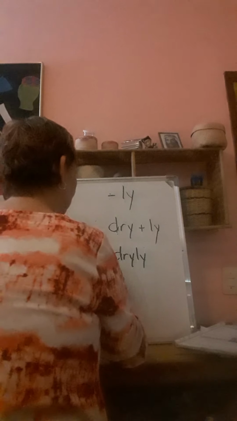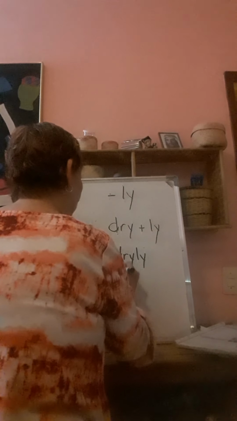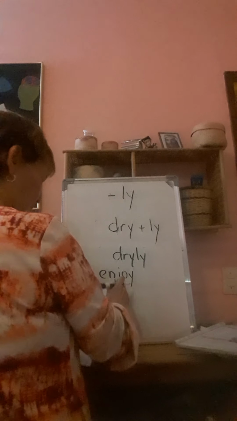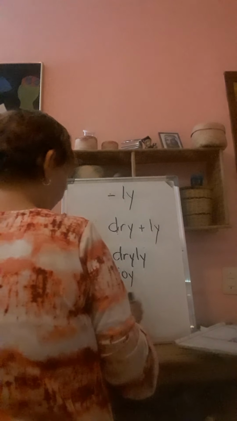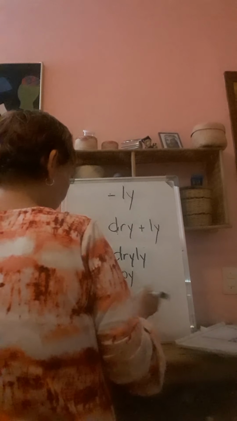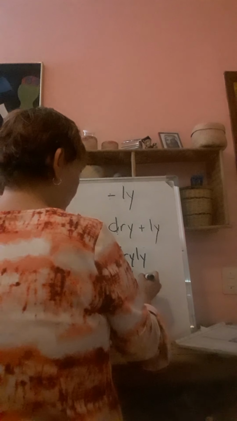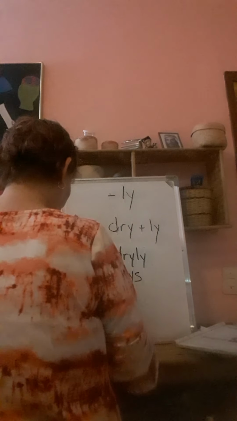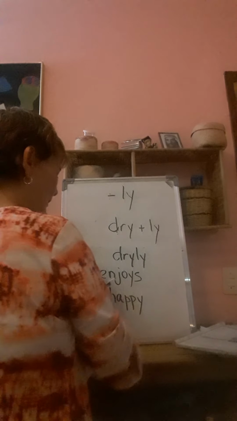But if you have enjoy, this is two syllables. If you add an S, it would be like that. But if you have happy, this time it would change. I'm going to write it up so you could see it.